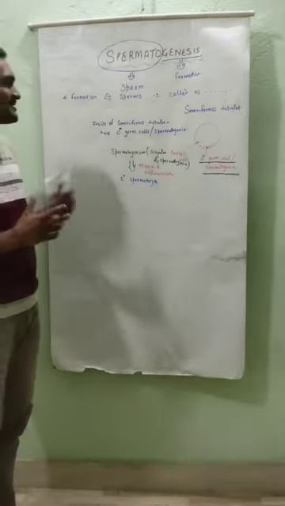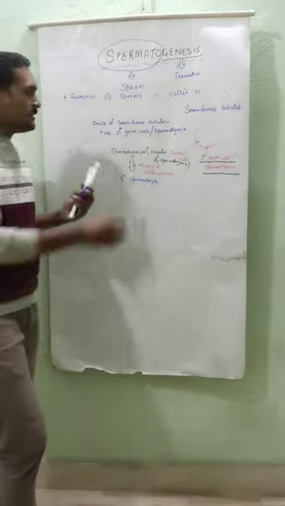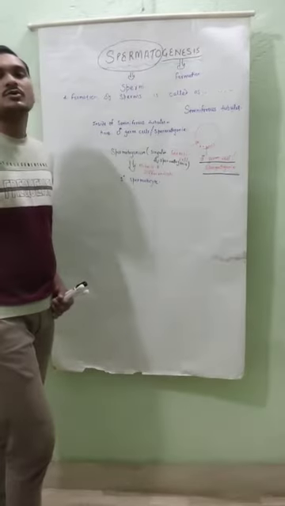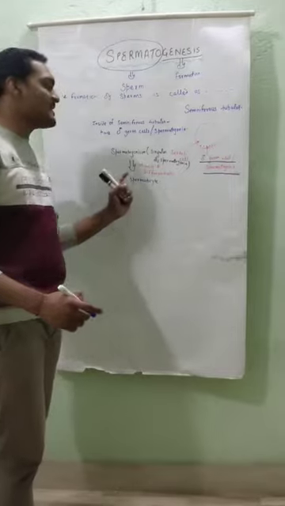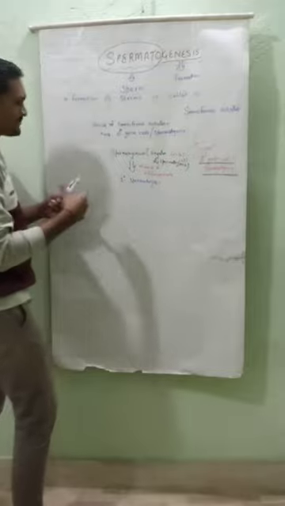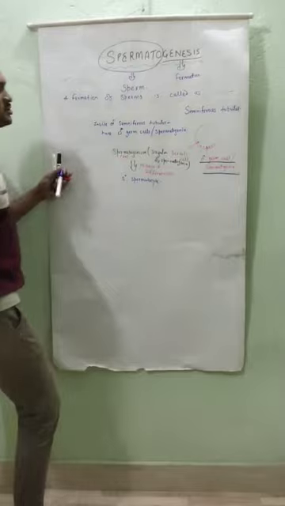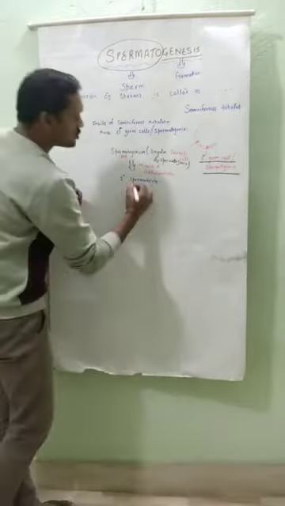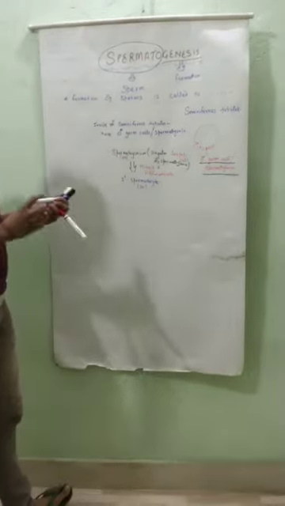Spermatogonium, the singular of spermatogonia or male germ cells, goes through mitosis and differentiates to form a structure called the primary spermatocyte. Now you see, this spermatogonium of ours is a 2N structure, and since it is undergoing mitosis, our primary spermatocyte will also be 2N.